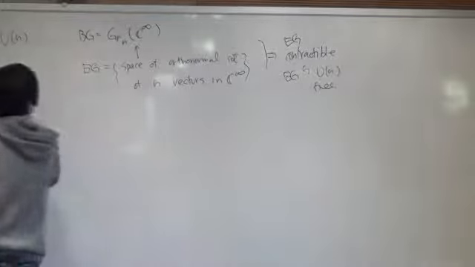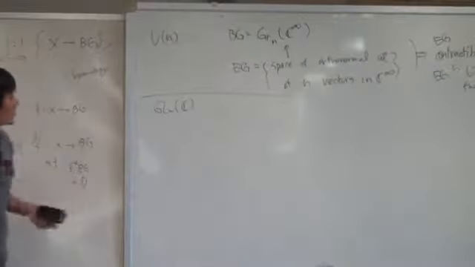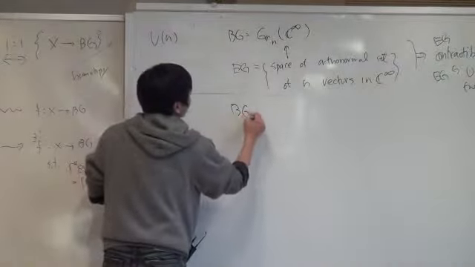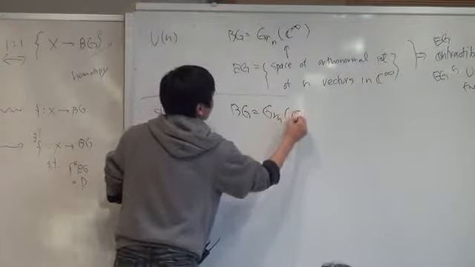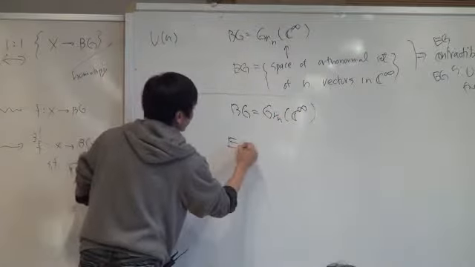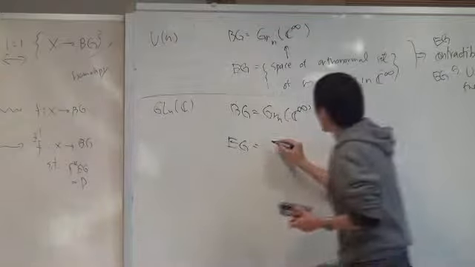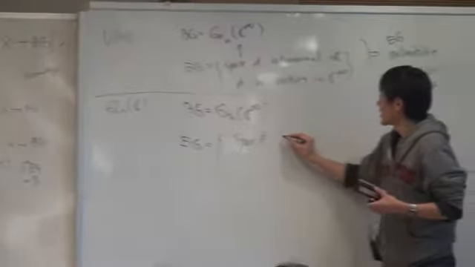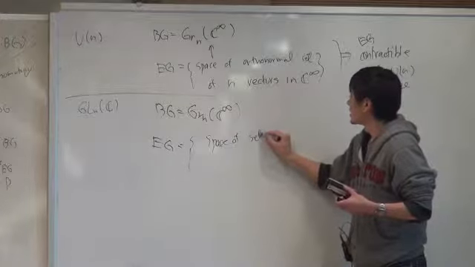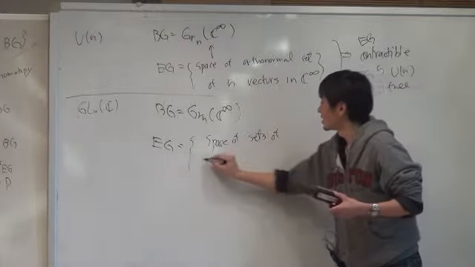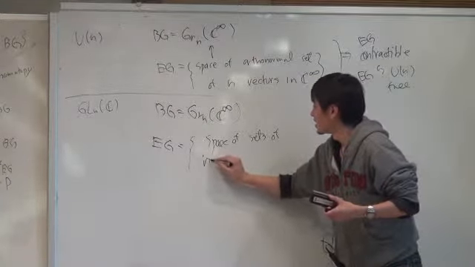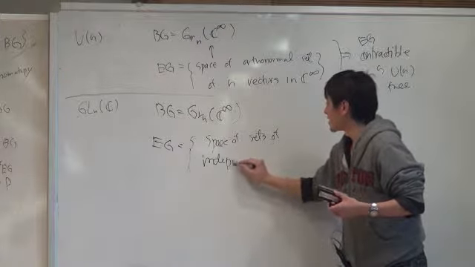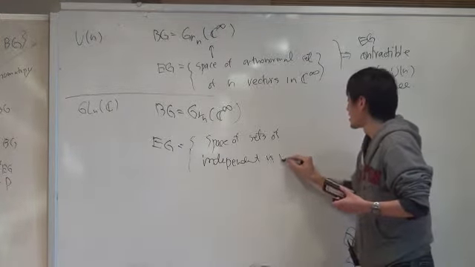Okay, and there's an analogous thing for GLC, and BG is actually the same infinite Grassmannian, and EG is just the space of sets of independent n vectors.